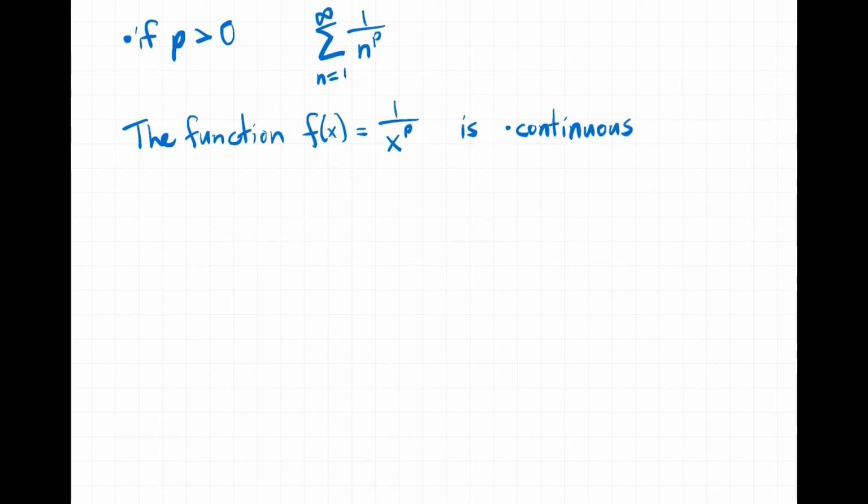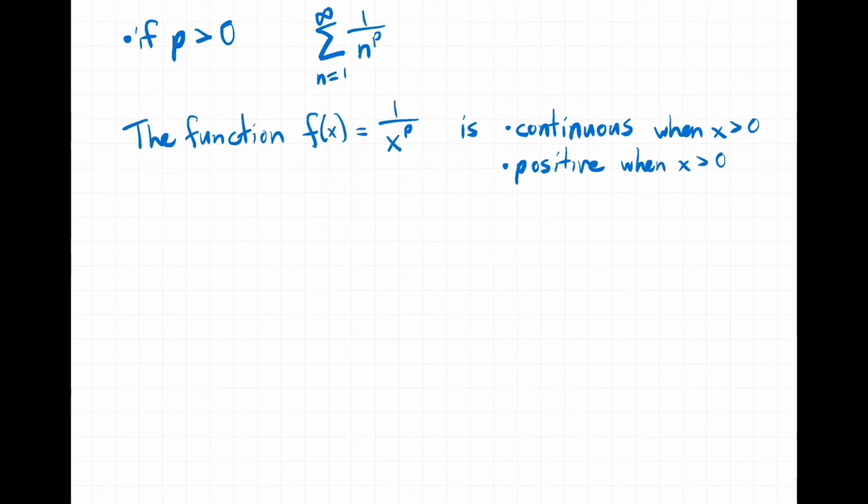It'll be continuous for all positive values of x when x is greater than 0. And it's also positive, because as long as x is greater than 0, then any power of x is also greater than 0, and 1 over that's also positive. So positive when x is greater than 0.